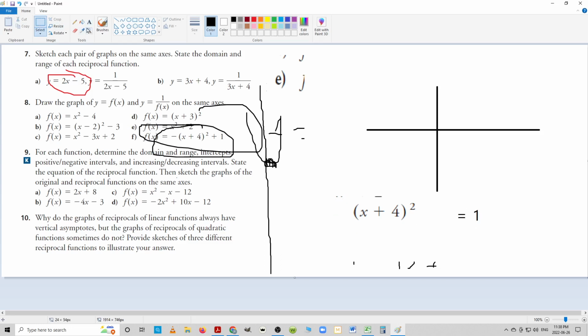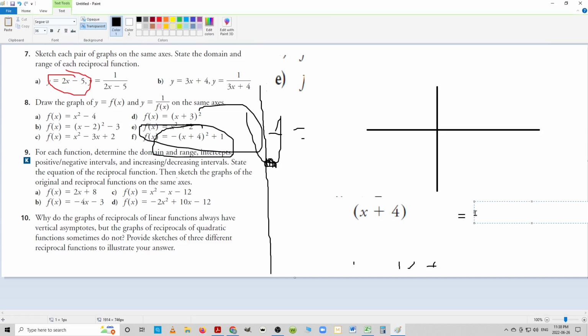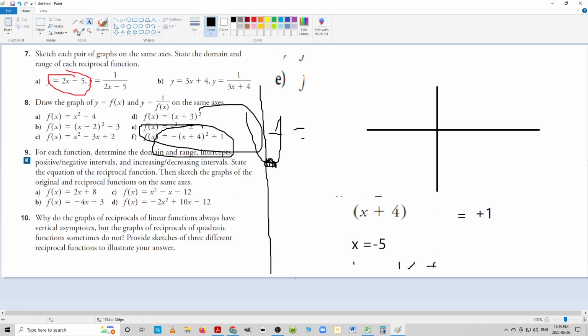Then when we take a square root of both sides, the possible answers are x plus 4 is equal to +1, and x plus 4 is equal to -1. When I solve -1, I subtract 4 from both sides. I get x is equal to -5. When I solve this one, I subtract 4 and I get x is equal to -3.